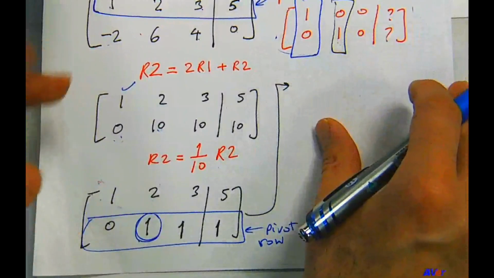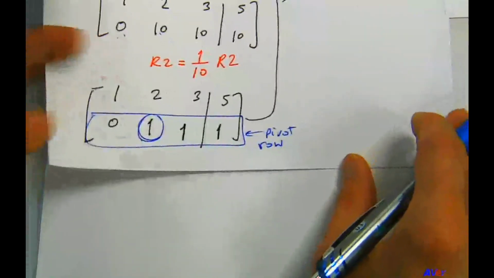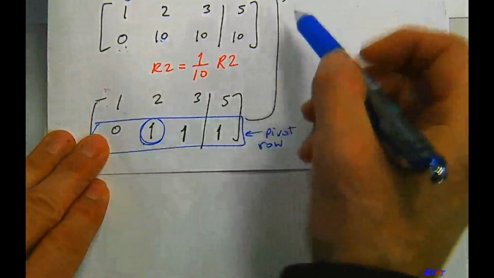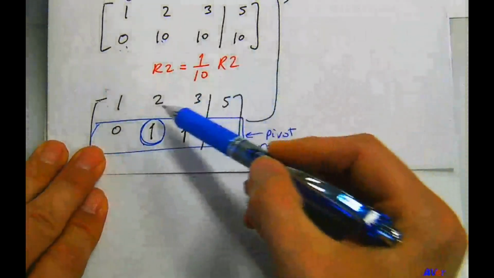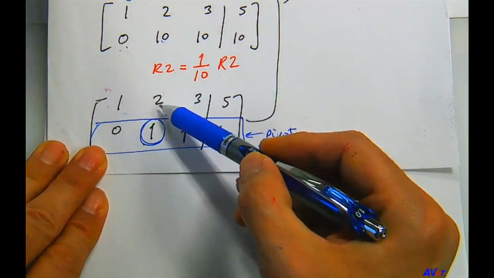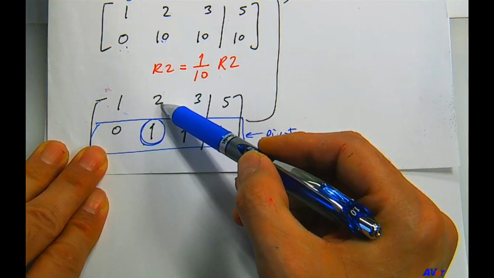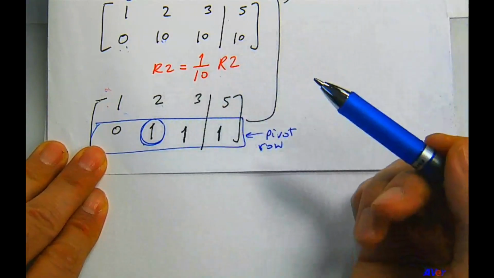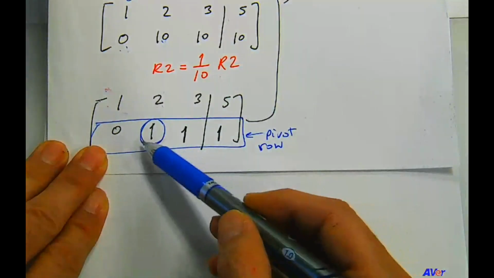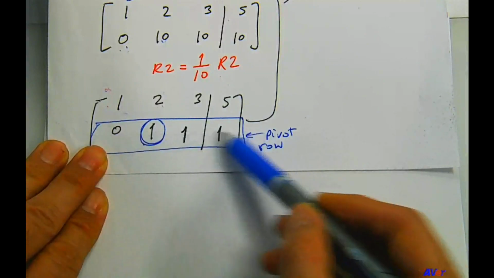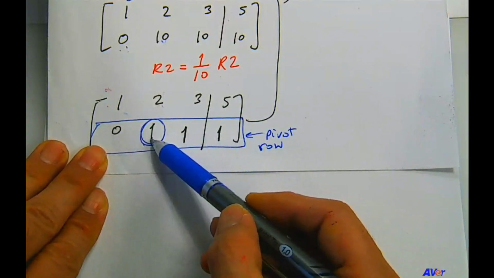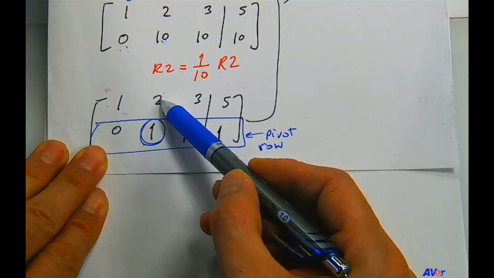How are we going to do that? All we need to convert this 2 to 0 is add a negative 2 to it. But where is the negative 2 coming from? It can come from multiplying the pivot row by negative 2 and adding it to the first row.